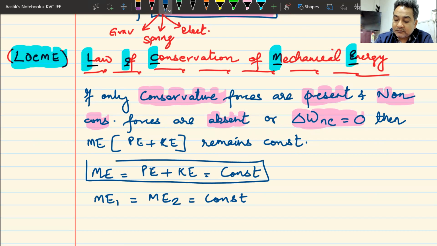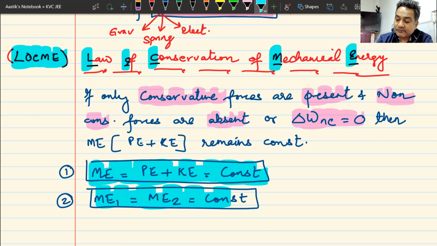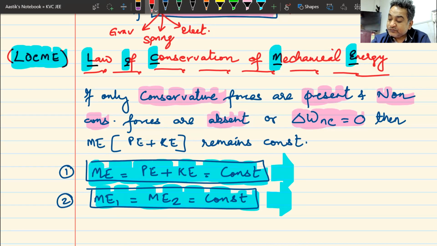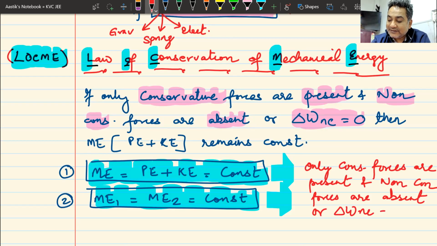But remember, whether I write it as equation number 1 or equation number 2, they are only valid when only conservative forces are present and non-conservative forces are absent, or work done by these non-conservative forces is 0.